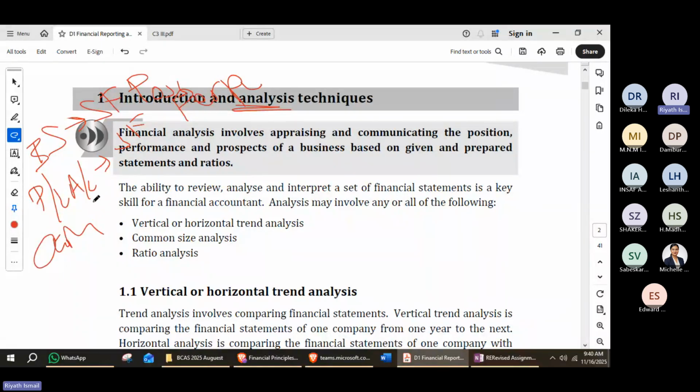These are the three main ones out of the five elements of financial statements.